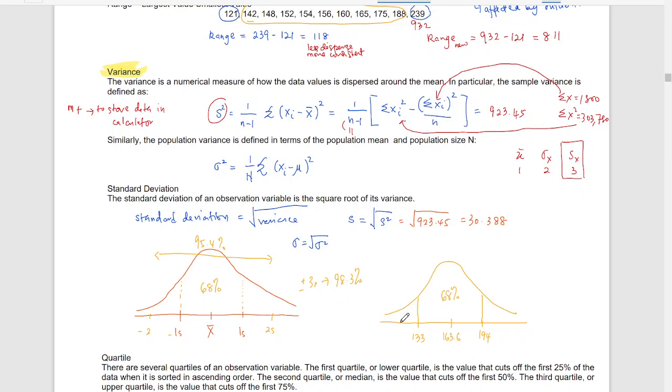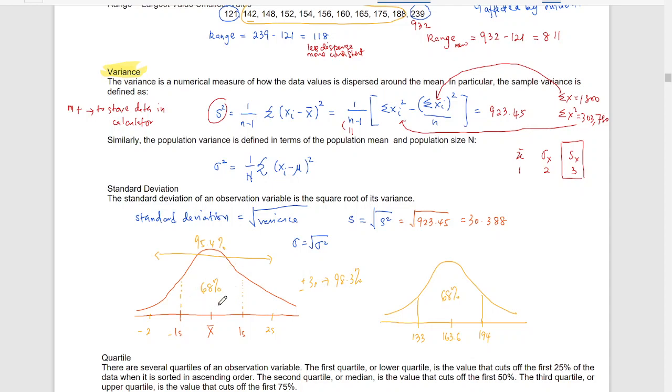Kena check dengan buku, so please check in the textbook. Saya pun tak berapa nak ingat the values. It should be around that. So in this case, kita identify it should be around this value, 68% within the one standard deviation. So ini yang dia katakan disperse around the mean. So data ni dia just sekitar sini saja. So satu standard deviation maksudnya sekitar ni.